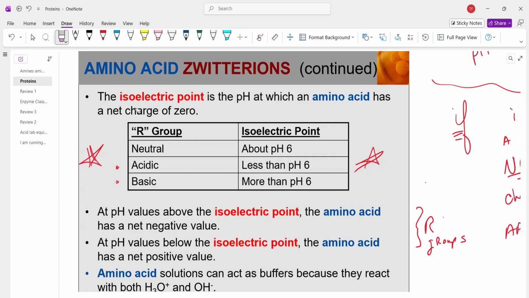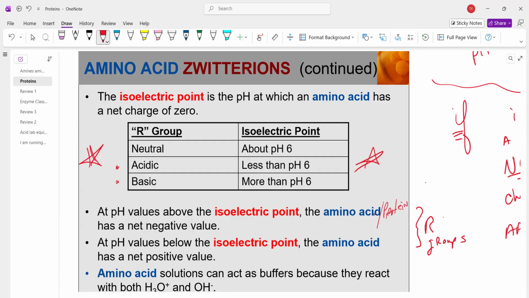Okay. And this applies to proteins and polypeptides as well, not just amino acids.